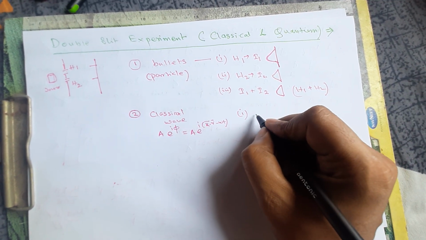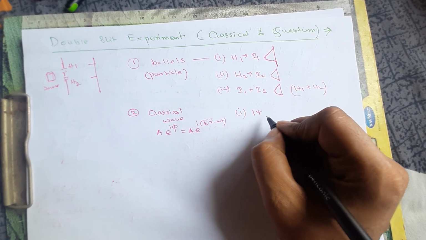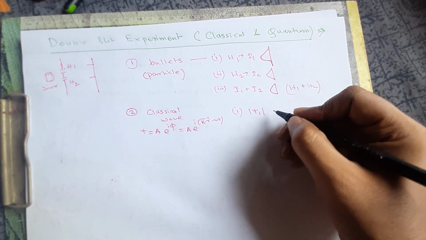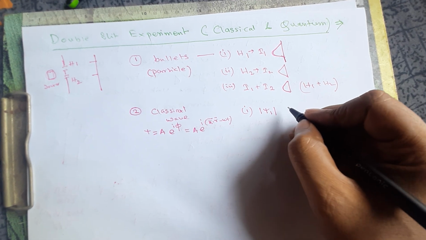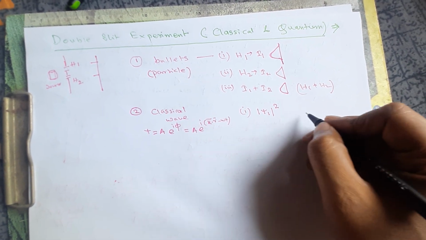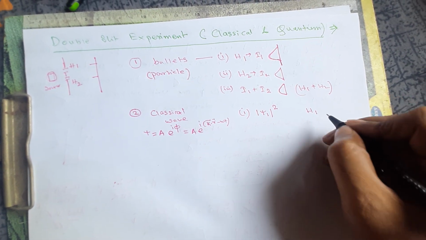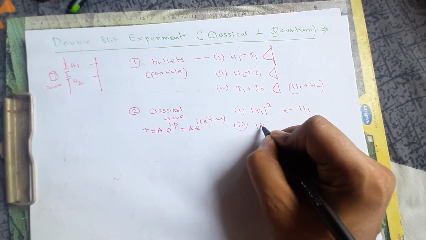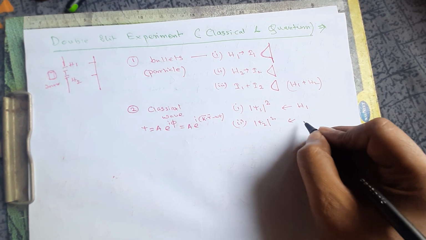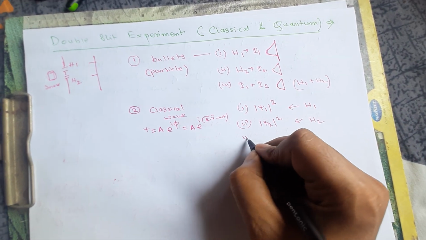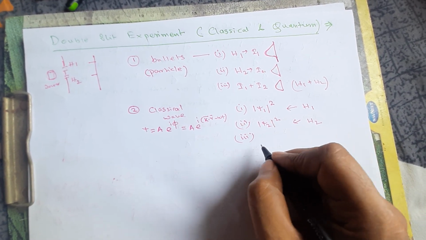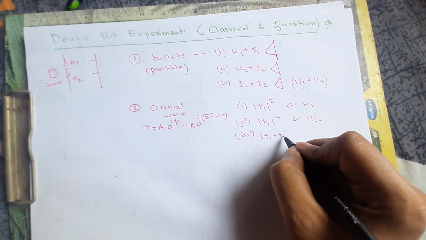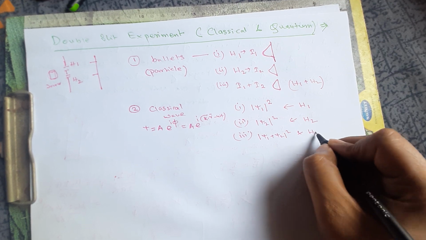For this wave, if it is called psi, then when the wave passes through hole 1, the intensity is psi 1 square. When it passes through hole 2, the intensity is psi 2 square. And when it passes through both the holes, it is psi 1 plus psi 2, whole square.